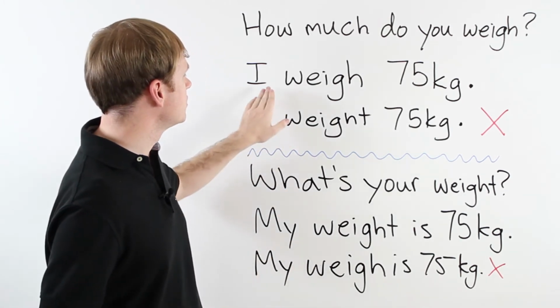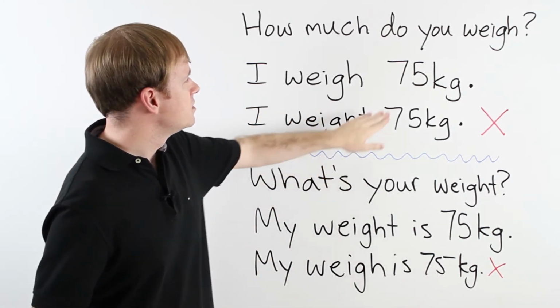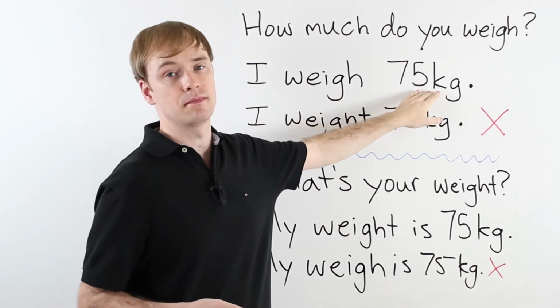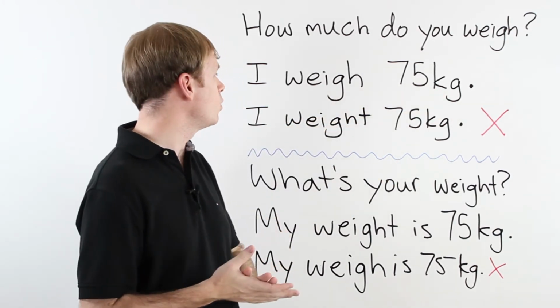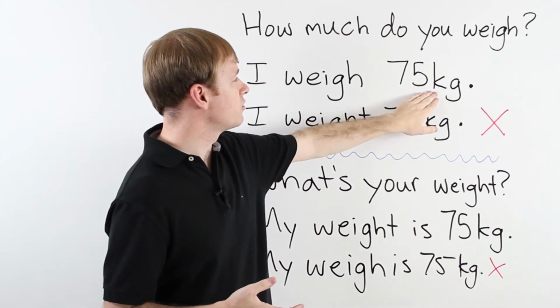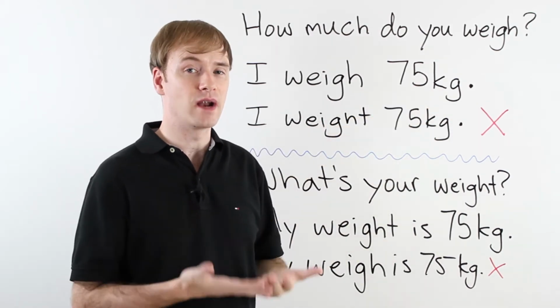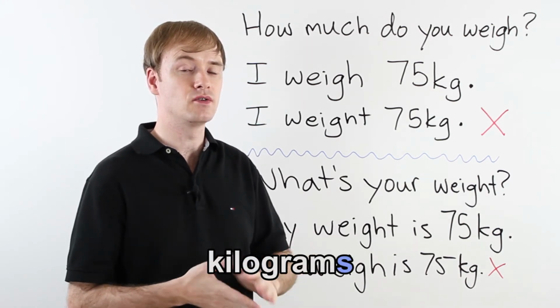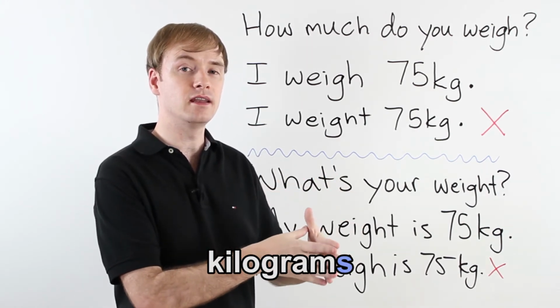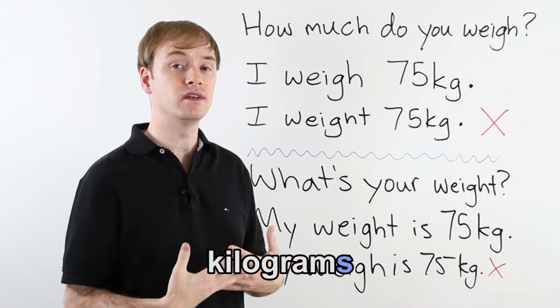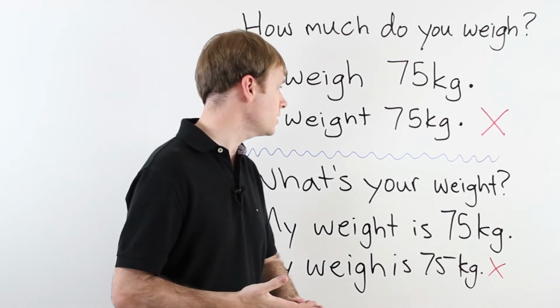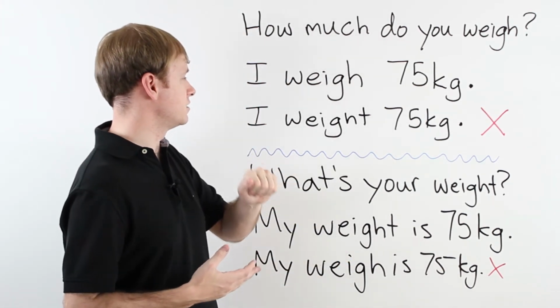And your answer, I weigh 75 kilograms. Okay, that's my weight. I weigh 75 kilograms. Now listen, I say 75 kilograms. Don't forget the S at the end. I weigh 75 kilograms. Let's look at this answer.